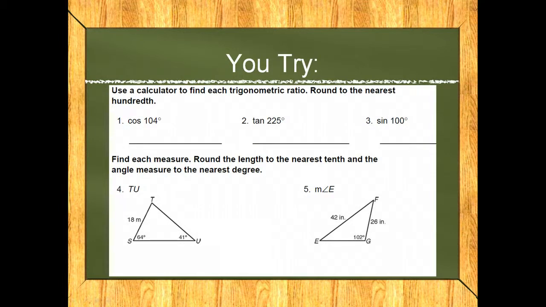Now you try. The first three are calculator problems where you're simply finding the ratios, and you'll note that two of them are negatives. Think about the coordinate plane system, where your x's and your y's are positive or negative, and you'll understand that since we have lengths, opposites, and adjacents, the adjacent is the side that represents x, what x is doing, and the opposite side represents y.